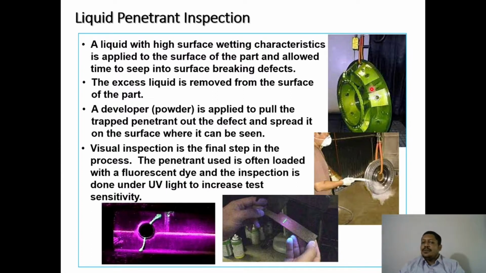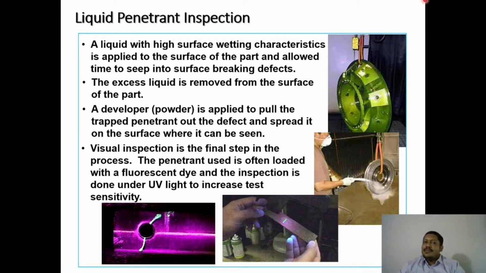The penetrant used is often loaded with a fluorescent dye and the inspection is done under UV light to increase test sensitivity. So visually you are not able to observe it, but a crack is present in the microscopic order.